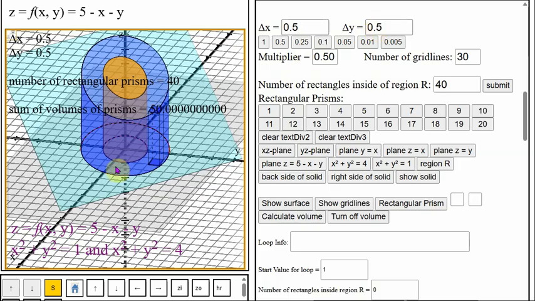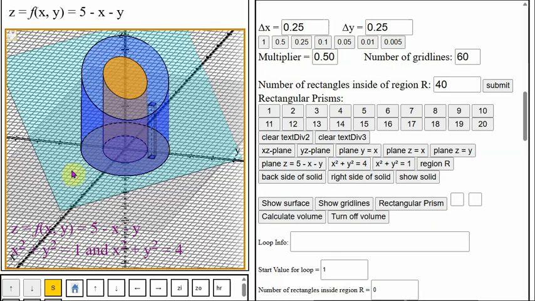And so to get a better approximation for the volume of the solid, I'm going to decrease the length and the width of each rectangle. I'm going to make it 0.25. And so now you can see that the rectangles are smaller, and the distance from here to here is 1, and there are 4 rectangles in here.